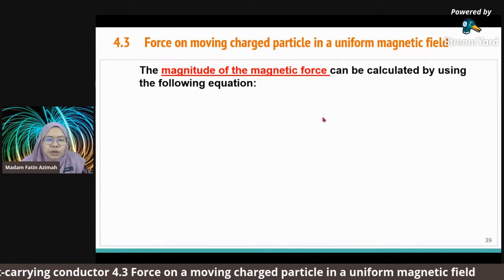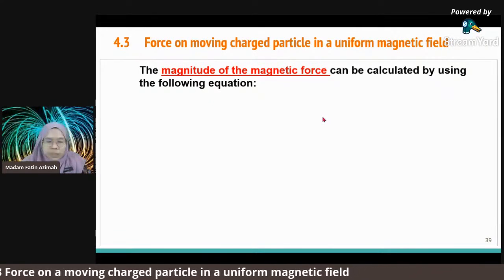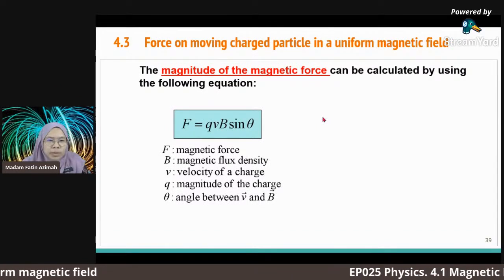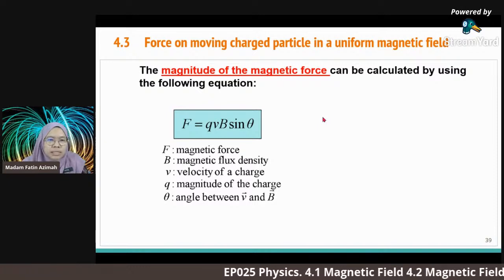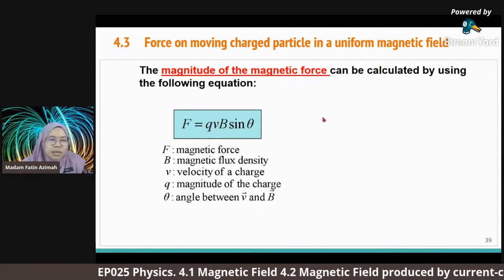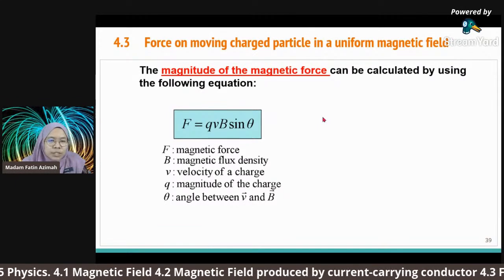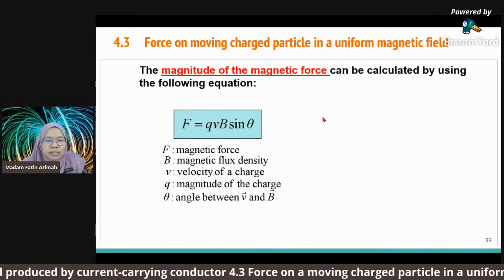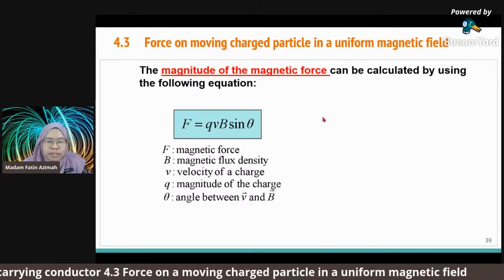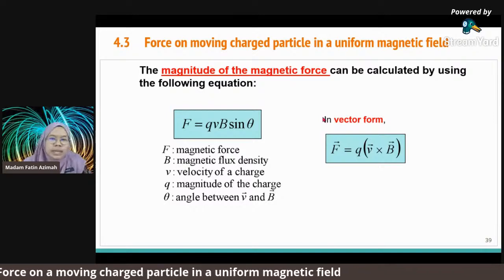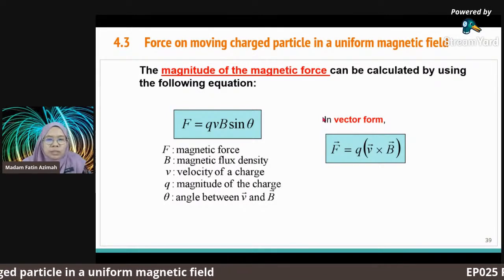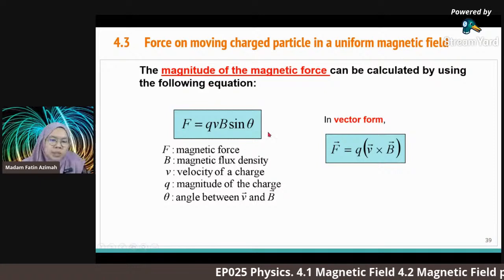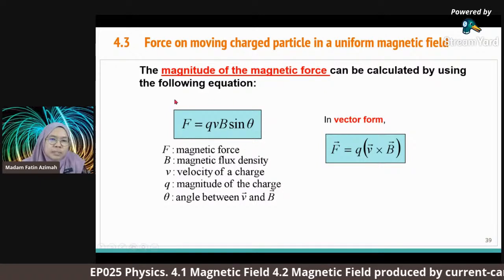As for the magnitude of the magnetic force, it can be calculated by using this formula: F equals Q V B sine theta, where F is the magnetic force, B is the magnetic flux density or other names, V is the velocity of the charge, Q is the magnitude of the charge, and theta is the angle between vector V and vector B. In vector form, it is written as vector F equals Q times vector V cross vector B. So from the formula, we know that it is a cross product.